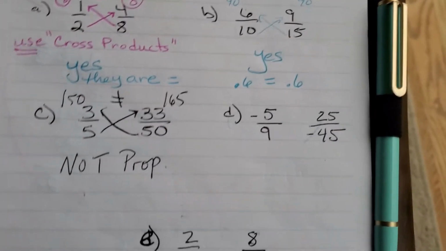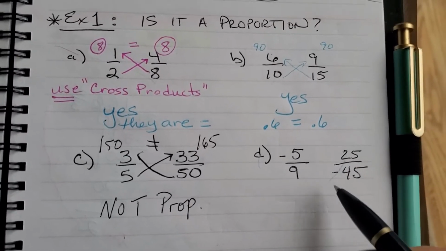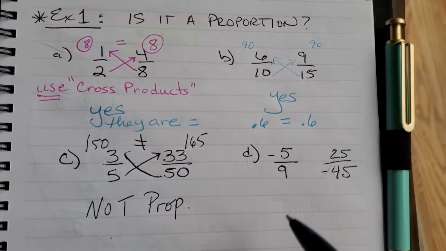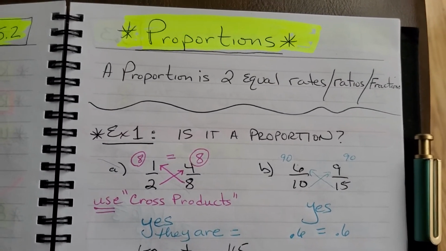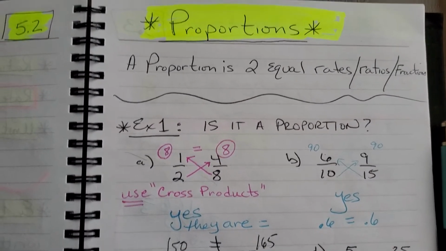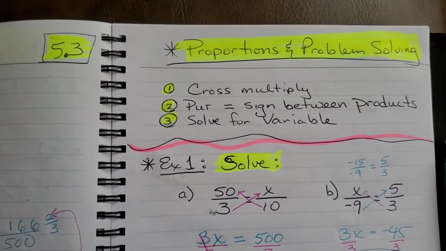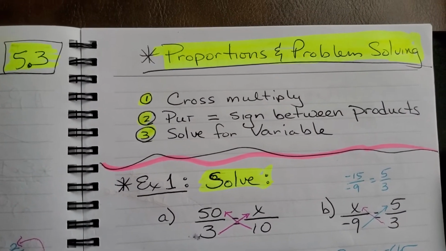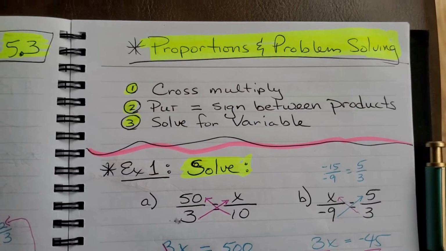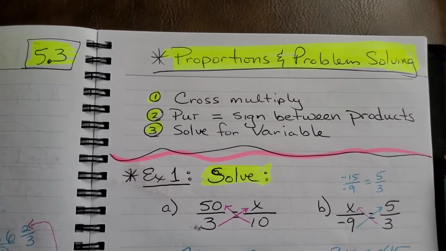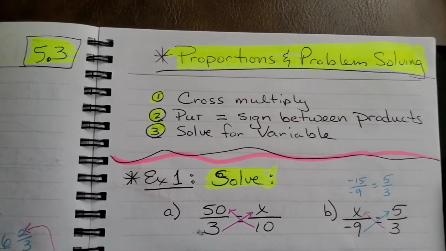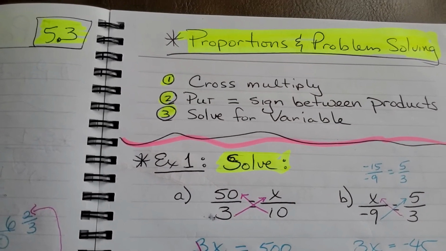Okay? That's important. Now, again, we can do the cross multiplication of this one as well, but we've seen 3 examples of proportions. So now let's take a look at solving using proportions, okay? This is an important section because we use proportions to solve many of our problems.